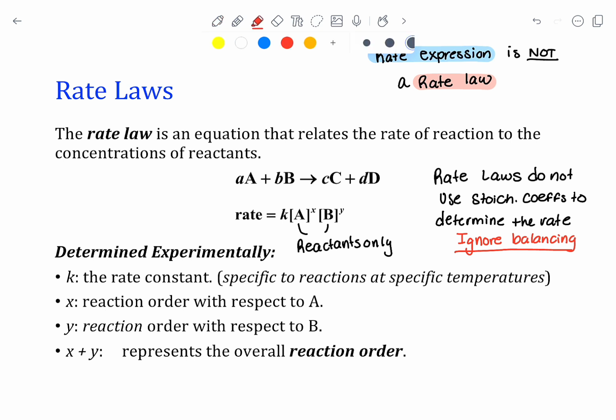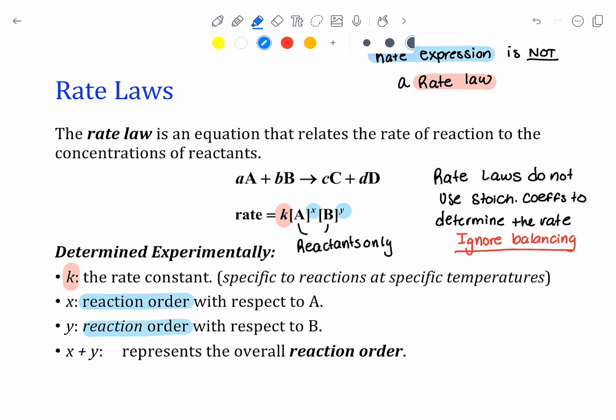Here, K is the rate constant. And the rate constant is just that. It is a constant for a given reaction, and it'll be specific to reactions at certain temperatures. When we have the variables X and Y, those are our superscripts or our exponents, these are what are referred to as the reaction orders.